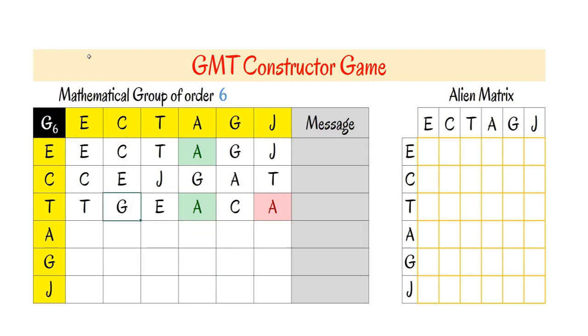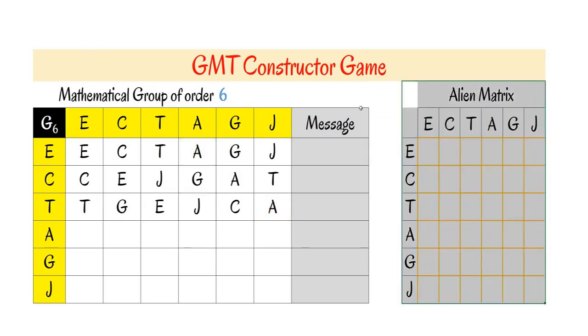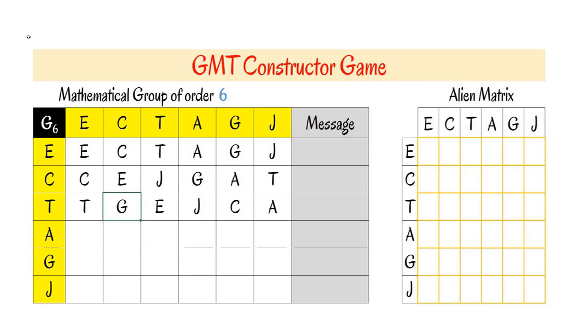The third column is done. Now there is a matrix which I call the alien matrix, and see what this alien matrix will do. Now come back to this group multiplication table. Here, if I input K instead of G, then you see that K is not an element in the group, and this will be immediately notified in the message as well as in the alien matrix.